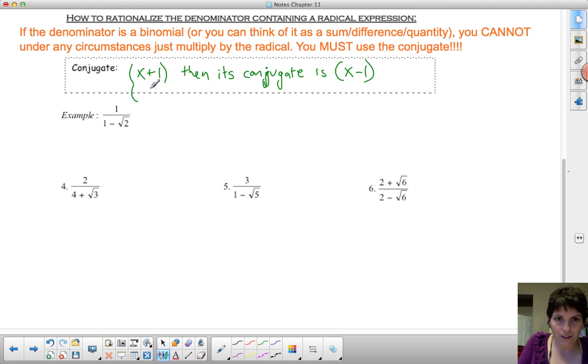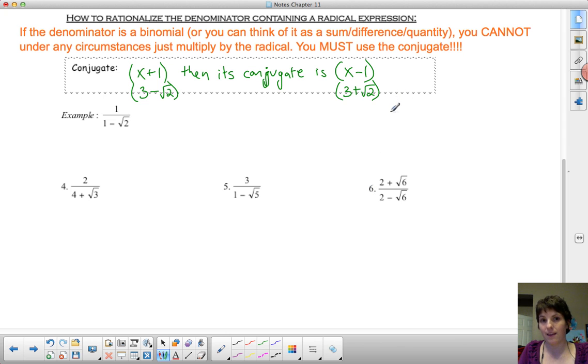If I have 3 minus root 2, then its conjugate is 3 plus root 2.